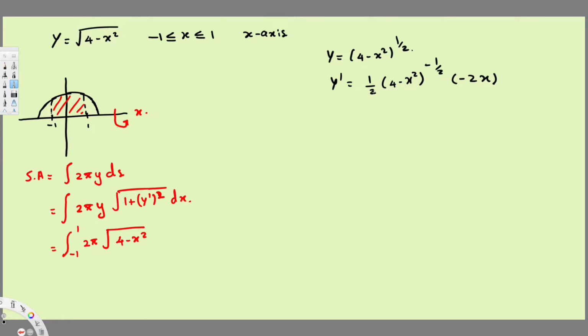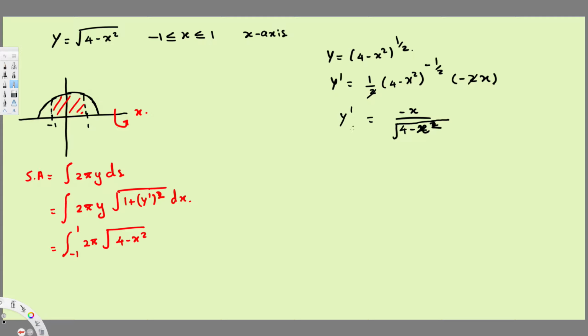If you see, the 2 and this one cancels, and finally we get negative x over 4 minus x square in square root, because negative half in the power means the bottom is positive half, that means square root. So square root of 4 minus x square.